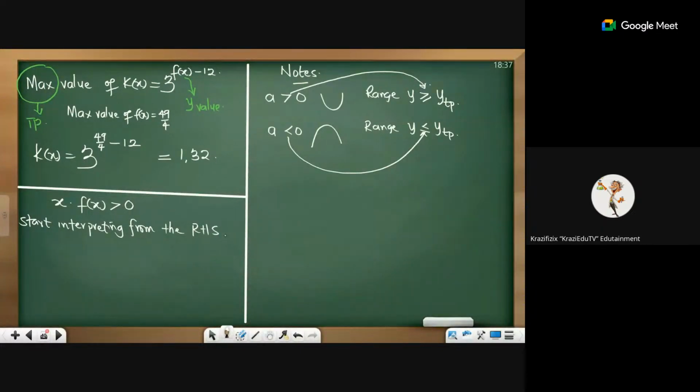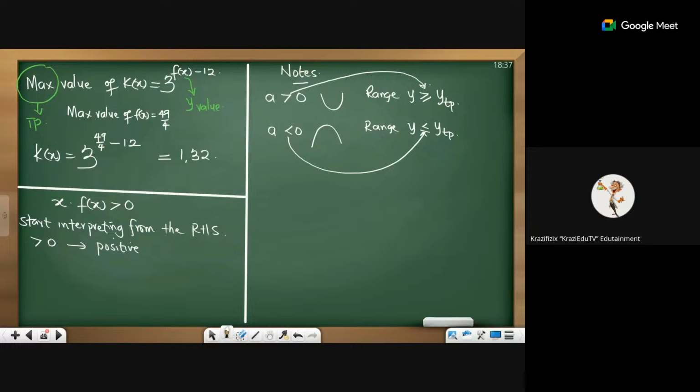When I say something is greater than 0, what does it mean? It is positive. You start interpreting from the right-hand side. Greater than 0 means it is positive. That's our first thing.